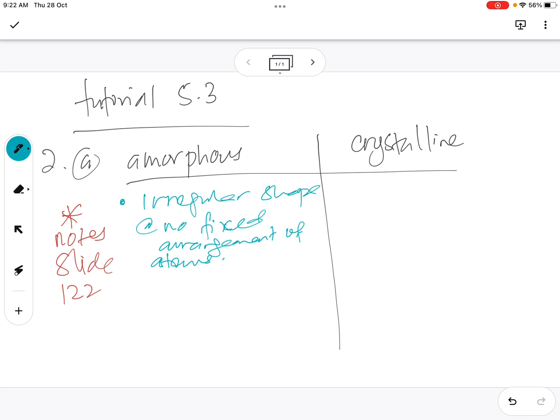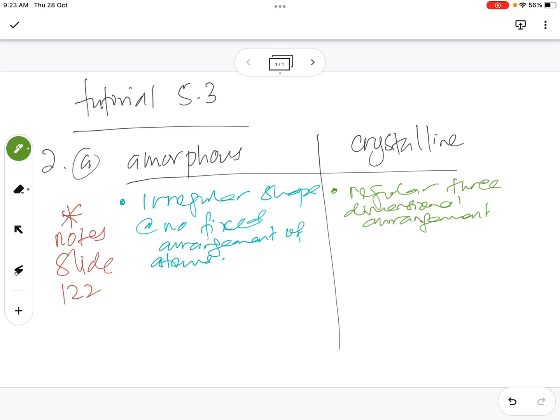Okay. Whereas for crystalline solid, kita buat point dia. For crystalline solid, opposite to that. That means a regular shape, right? Regular 3-dimensional arrangement.